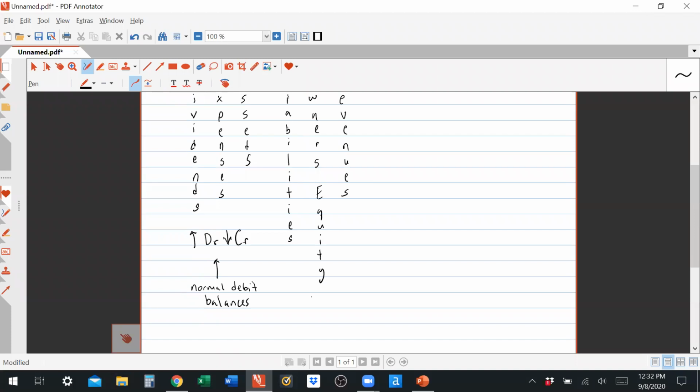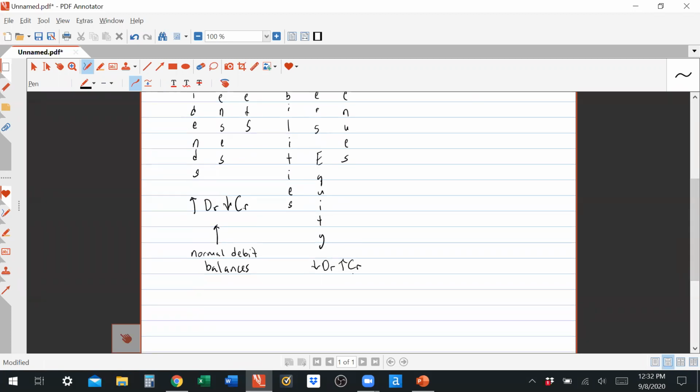So these accounts are increased with a credit and decreased with a debit. Which means these accounts, since a credit increases them, they have a normal credit balance.